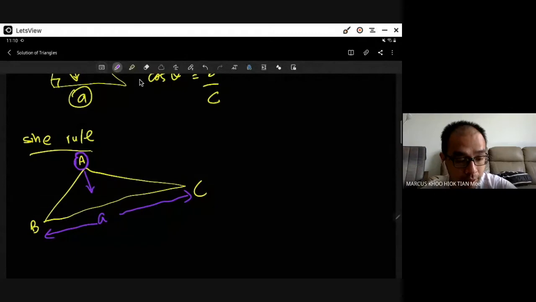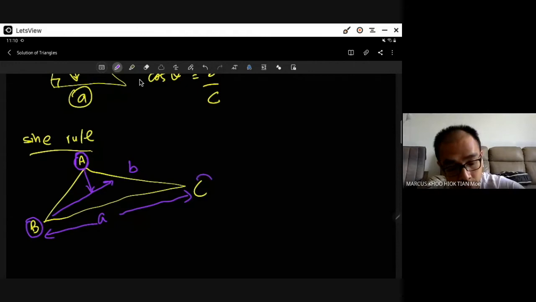The point A over here, opposite to that point is this side A. Since point B is over here, opposite to this point is side B. And since point C is over here, opposite to this point is side C.